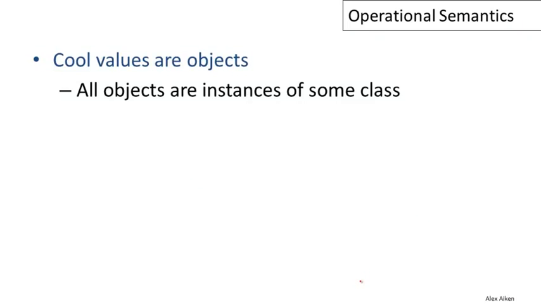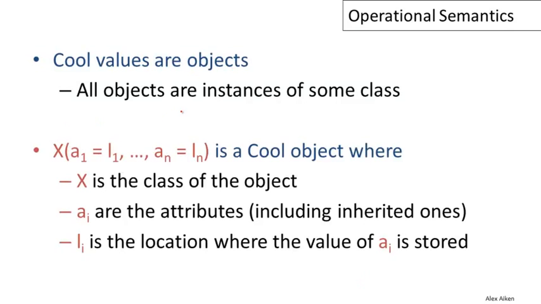Now in Cool, we have more complicated values than integers. In particular, we have objects, and all the objects, of course, are instances of some class. And we're going to need a notation for representing objects in our operational semantics. So we'll use the following way of writing down objects. An object will begin with its class name, in this case the class name X, and it'll be followed by a list of the attributes.